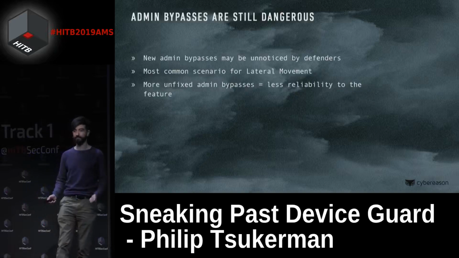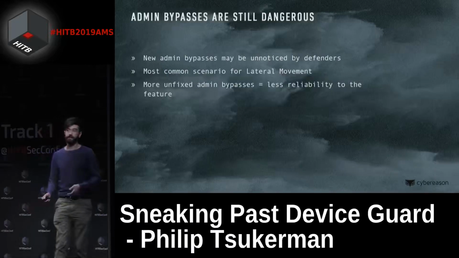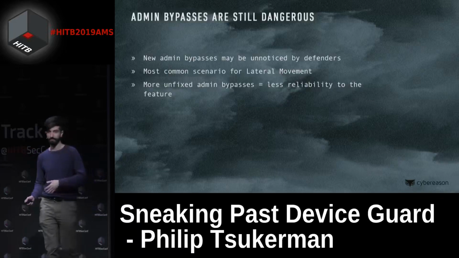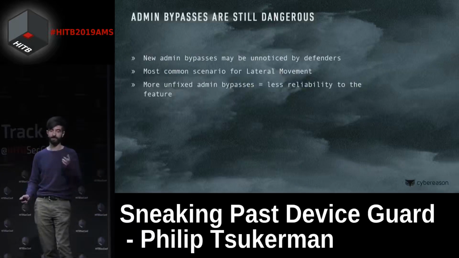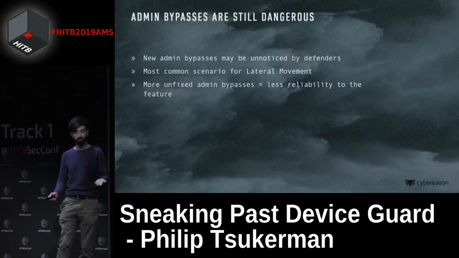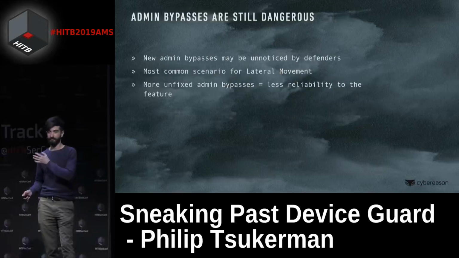The moment we have more and more administrative bypasses, suddenly this doesn't hold. You could use a lot of stealthy ways to not really disable device guard and still run your arbitrary code, and simply stay undetected for quite a long time. And this really gives less reliability to the feature, because device guard does not really care about users.